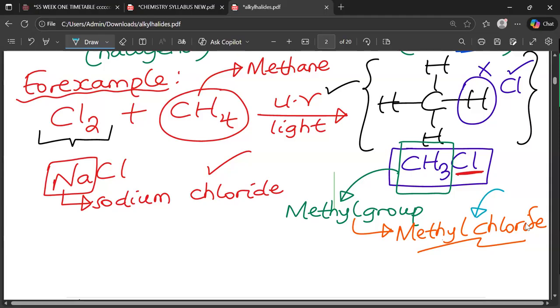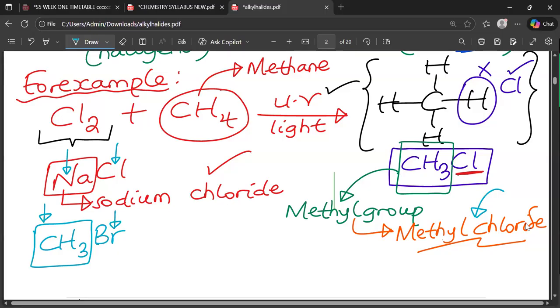This one I've told you it is sodium chloride. So if you want to name something like CH3Br, the same way you named sodium chloride, you'll say this is a methyl group, so you say methyl bromide. Because we believe bromine reacted with something to come up with that.